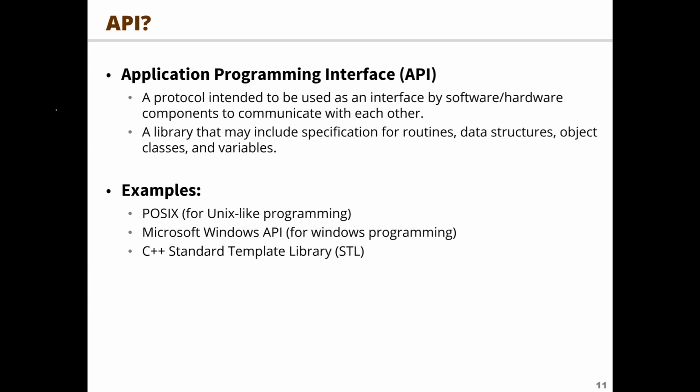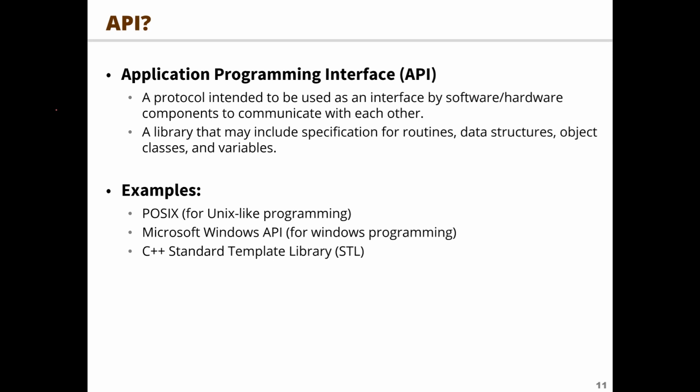Examples include POSIX. POSIX is an API for Unix-like programming, so a Unix or Linux-like environment. By using this POSIX API, the interface is unified and standardized in many different operating systems and many different development environments.